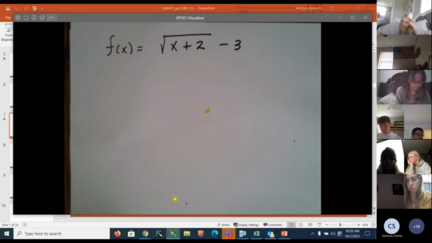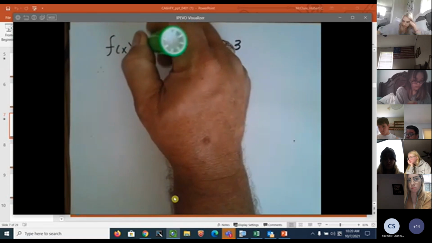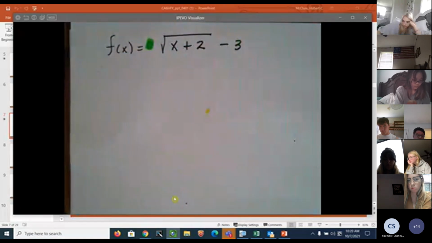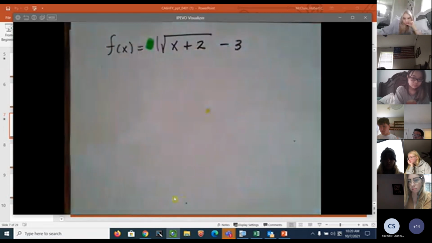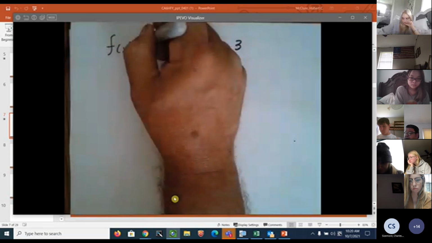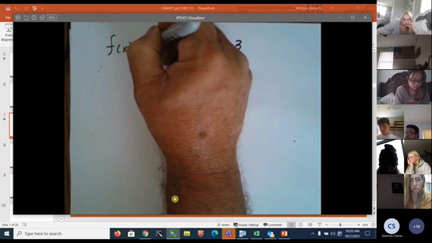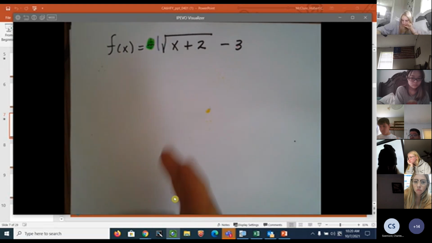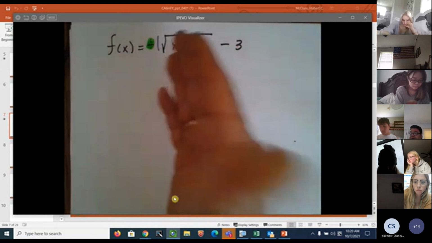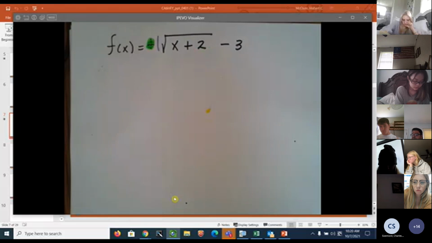So we've got a +1, got a +1, and the reason that is positive is that if nothing is there, it's assumed to be a +1. So there is nothing in front of the radical, so it's assumed to be a +1. So that means it looks just like the parent graph.